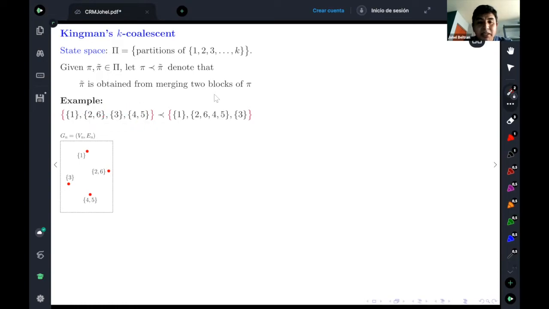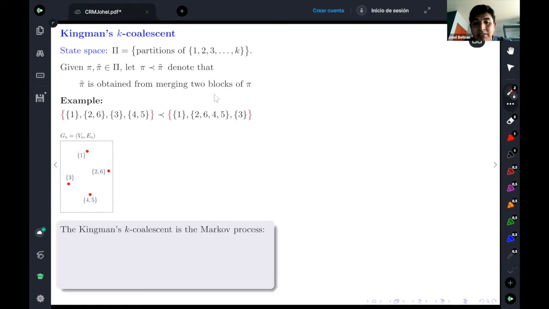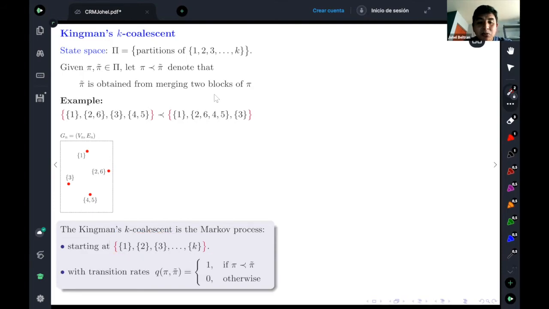And obviously, we introduce the notation because this is the kind of transitions that we expect to see in our limit. Okay, now the Kingman's K-coalescent process is a Markov process starting at the partition of singletons, and with rates which are equal to 1 whenever the transition is possible.